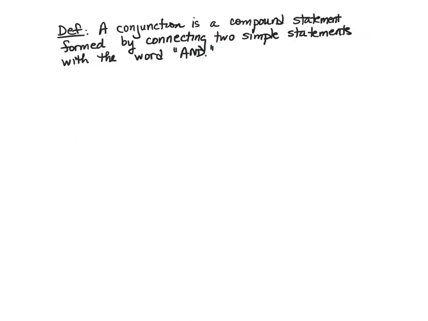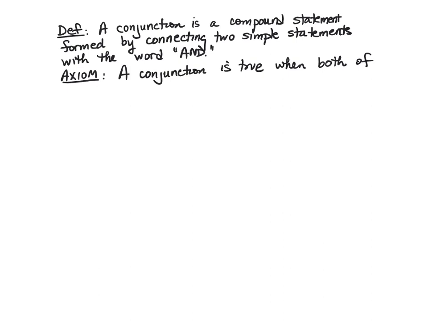First, we define a conjunction as a compound statement formed by connecting two simple statements with the word and. And our axiom is that a conjunction is true in only one case, when both of its conjuncts are true.